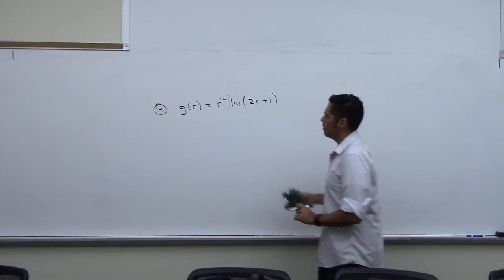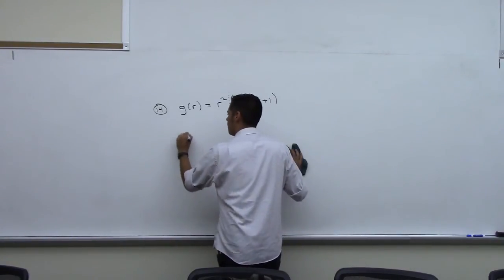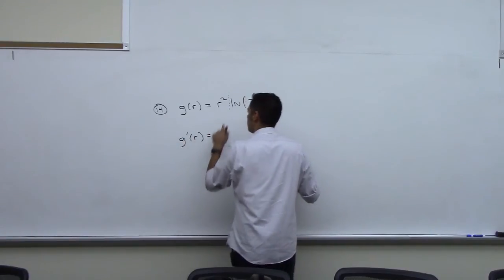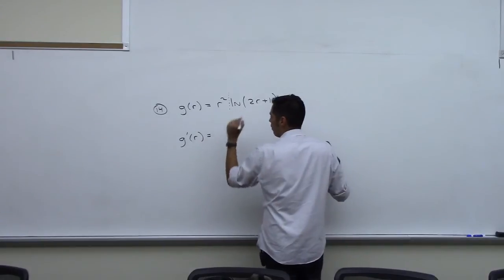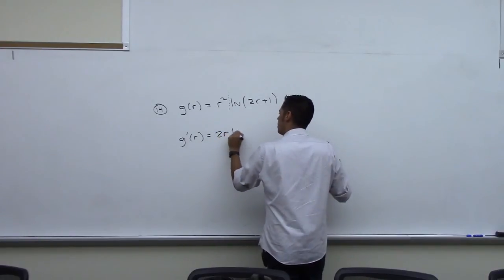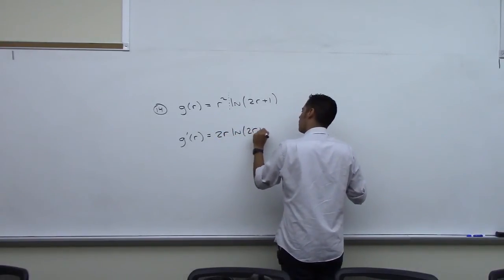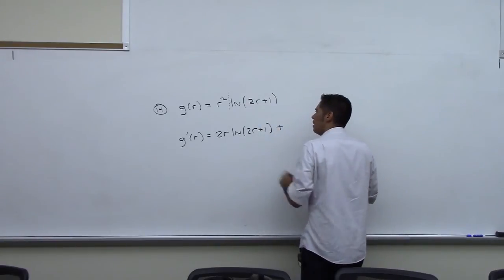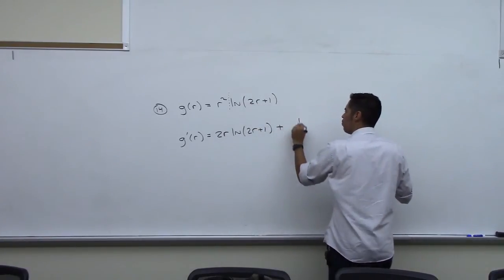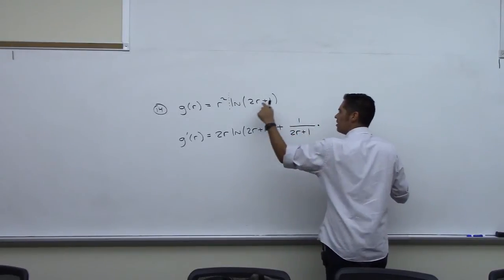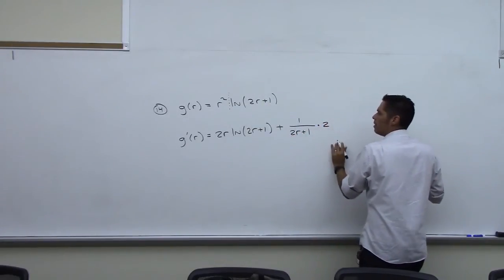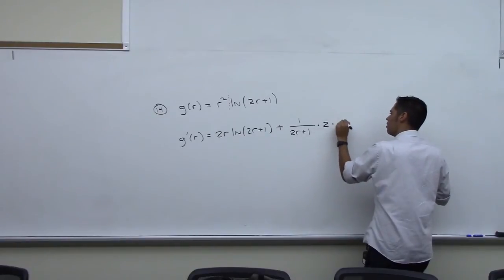I'm going to go ahead and just go right for the derivative here. So it's the derivative of the first one times this, derivative of this one times this. So derivative of r squared is 2r times the second one, plus derivative of natural log of something is 1 over that something, times derivative of what's inside of it, which is just 2, times the first function r squared.